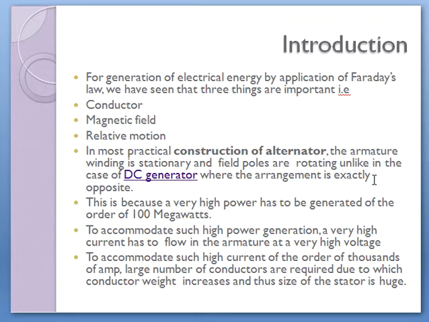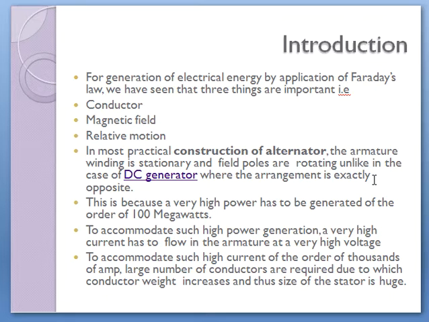In most practical construction of alternators, the armature winding is stationary and field poles are rotating, unlike in the case of DC generators where the armature is rotating and the field is stationary. This is because a very high power has to be generated, of the order of hundreds of megawatts.